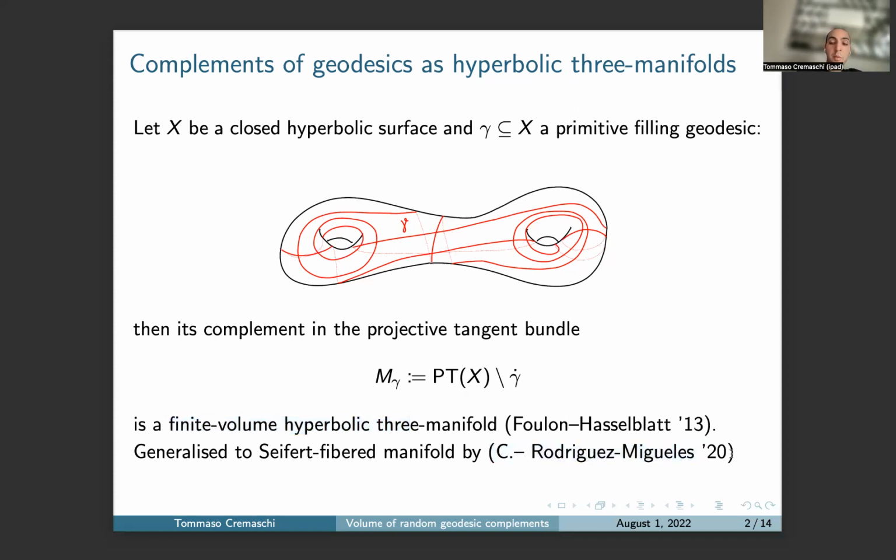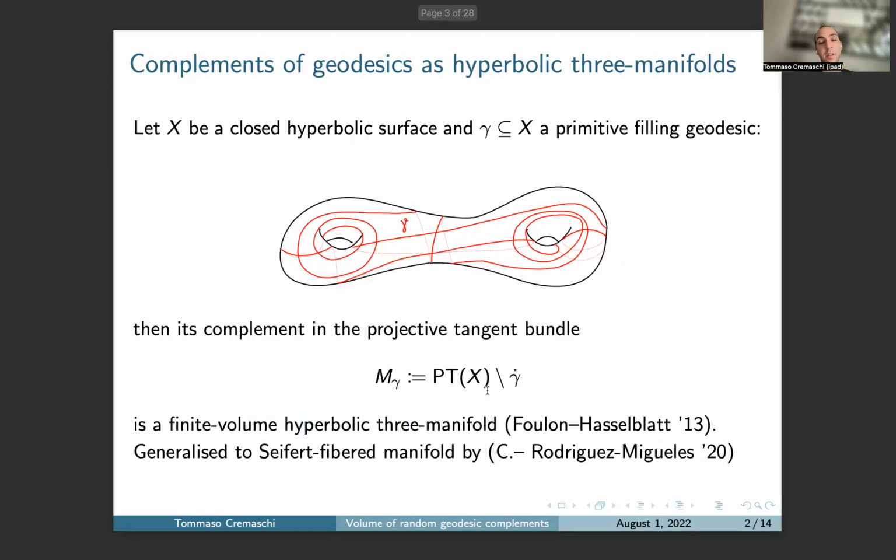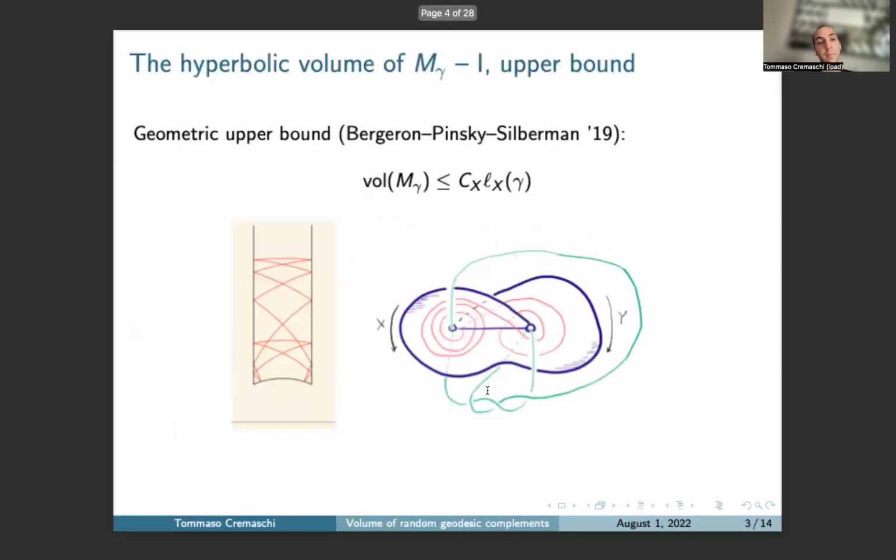With another collaborator in 2020, I realized a proof in which we relax a lot of the hypotheses, and we don't use techniques coming from geodesic flow, but really hands-on three-dimensional topology arguments to show that if you take a Seifert fibered manifold with a reasonable loop inside, then it's hyperbolic if the loop is primitive and filling.